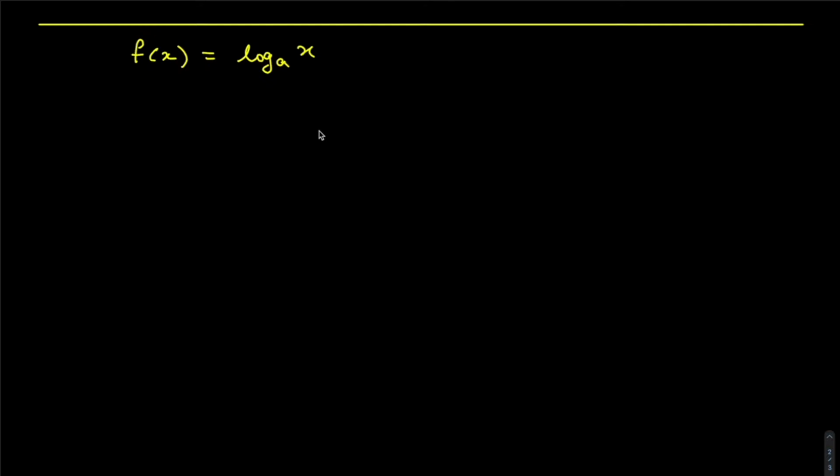Let's look at a few more examples. Here we know that x is equal to a raised to the power n. So if I write n is equal to log base a of x, I can rewrite this as x is equal to a raised to the power n.